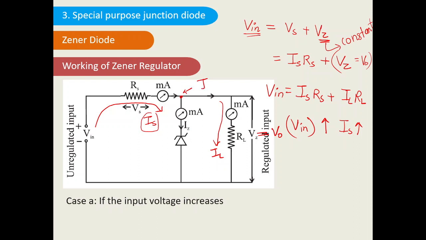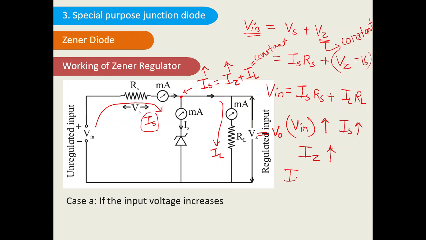In this case, Is is equal to Iz plus IL. So if Is is increasing, which part will increase? It will make Iz increase, but IL will remain constant.